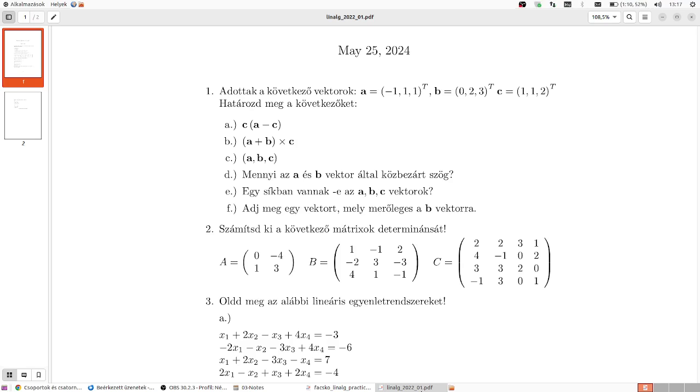This is the cosine of the angle of the two vectors. It's not a nice task, but it was a test this spring.